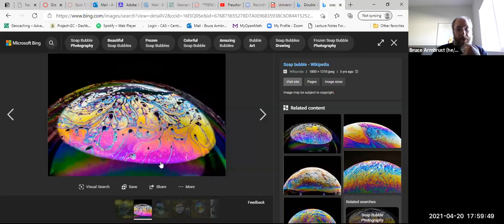If that were the case, we would see nice symmetrical bands of colors. And we definitely don't see that, right? This is all swirly. Okay, so it's a different reason, but this is what's going on with thin film interference.